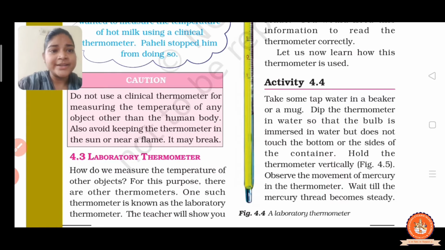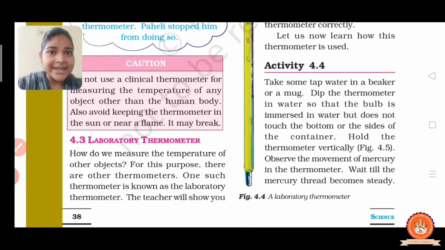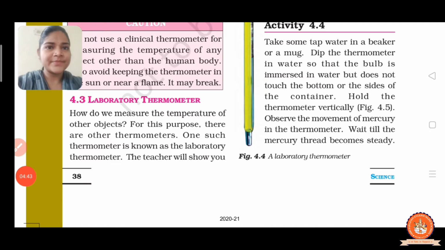Now here one more question is how can we read the laboratory thermometer? Let us discuss. First dip the thermometer in water so that the bulb is immersed in water but does not touch the bottom or the sides of the container.